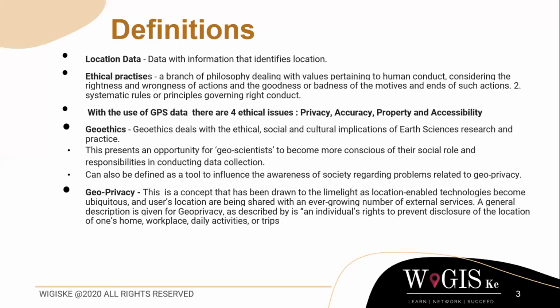The other issue to look at when you're looking at GPS data and ethical practices is properties, meaning what amount of attributes there are for a feature. And then the other thing is accessibility of the data that you're collecting. In the industry, there are aspects of open source and proprietary data.